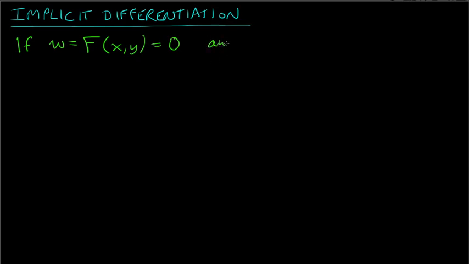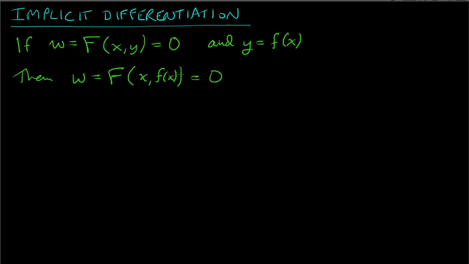And then suppose we have y as a function, say little f, as a function of x. Okay. Then what we can do is write w strictly in terms of x, right? Because y is a function of x. And so this is just some function of x, right? And it still equals 0, right? Either way you write it.